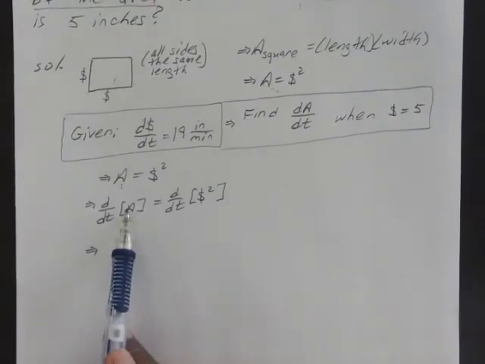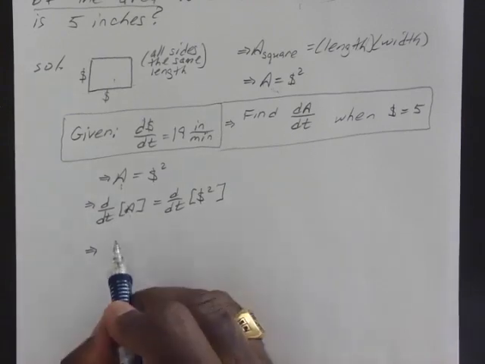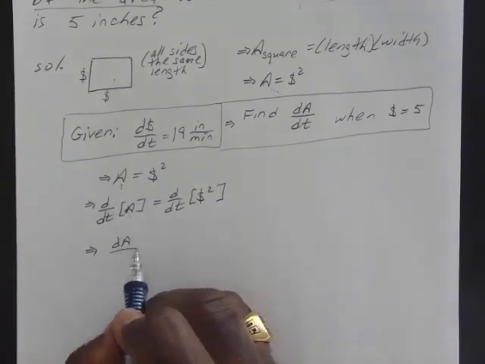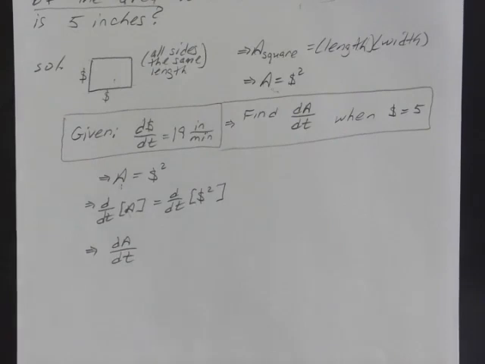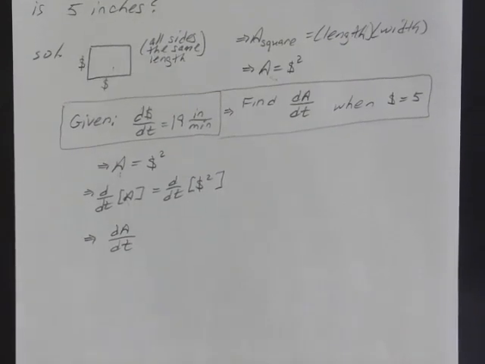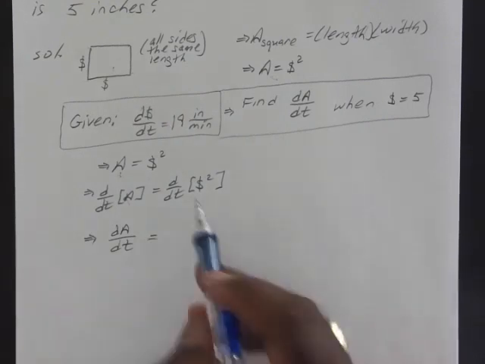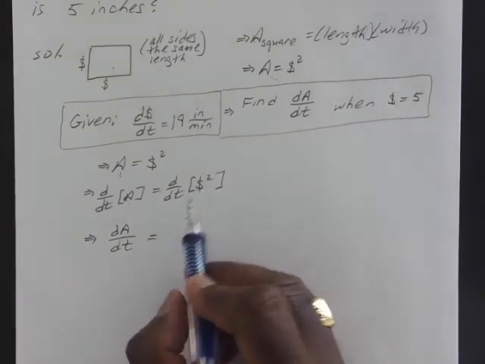Since this is just a variable A, we could just rewrite this as the rate of change of the area with respect to time. And that's equal to, okay, this is S squared.